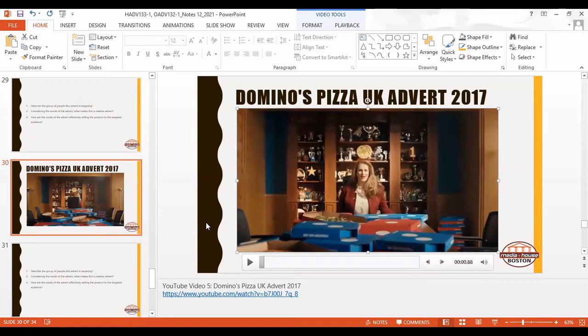And this looks like some sort of manager of a branch or something, and they're pretty welcoming. It connotes as well that if you do go to Domino's Pizza, you're going to get a welcoming service, and that you're going to get value for money. You're going to get pizzas that are made with hands, which are mainly targeted at families as well.